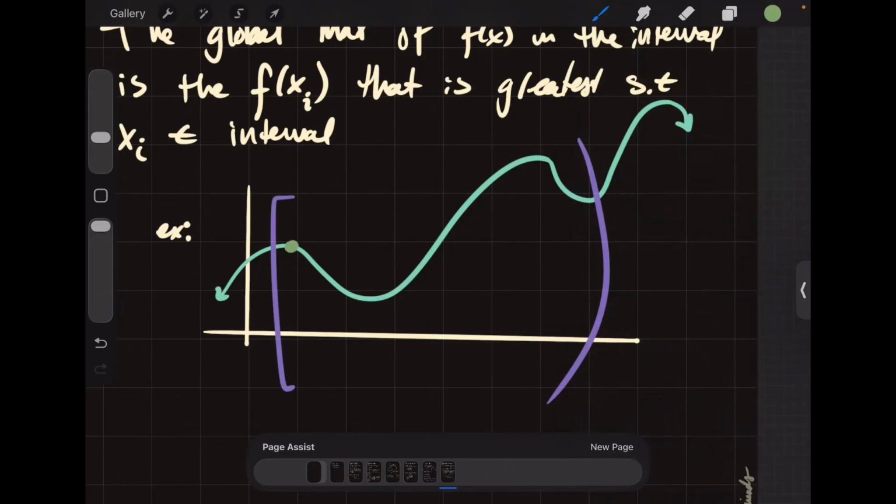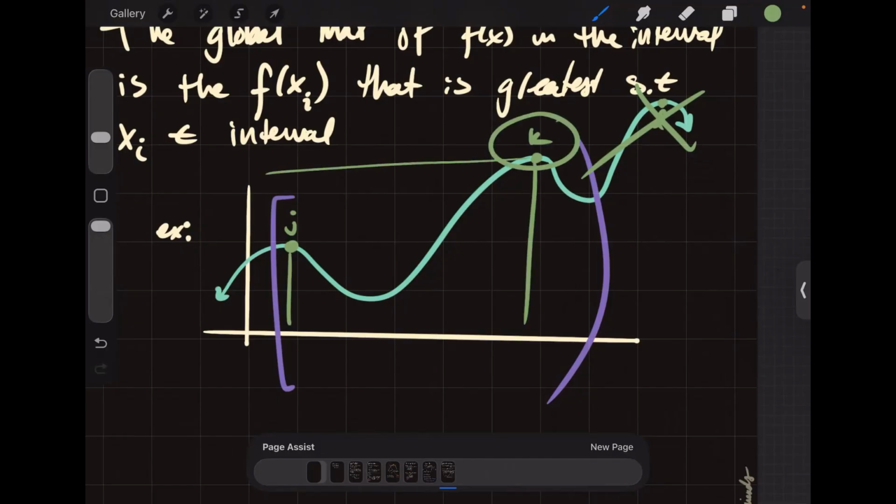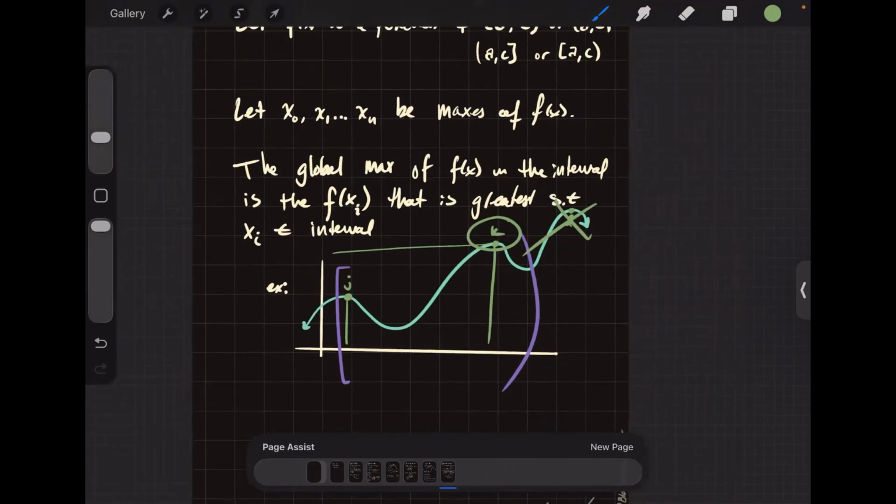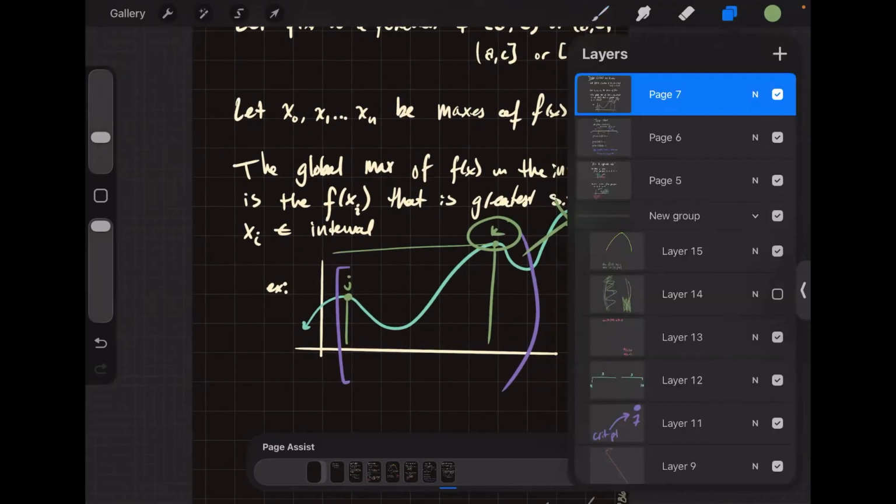Let's call these J, K, and L, right? Which one is the global max inside your interval? Well, you're not going to look at this guy because he's outside, right? What you're going to want is to look in here, whichever one has the highest y value, right? The y value of this point is lower than the y value of this point, right? So K is going to be your global max. That's it.